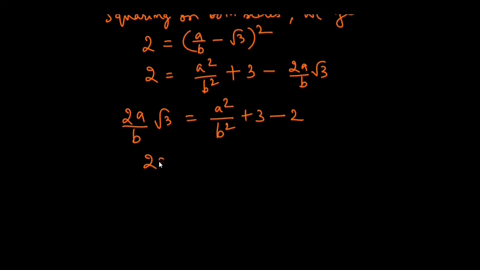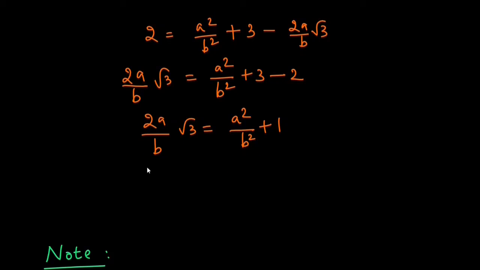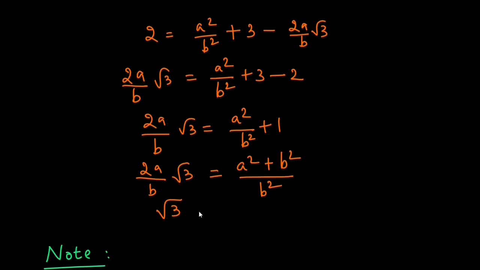Now we get 2a by b root 3 is equal to a square by b square plus 1. Now let us rearrange: a square plus b square by b square. Keeping only root 3 on the left side, we get a square plus b square by 2ab.